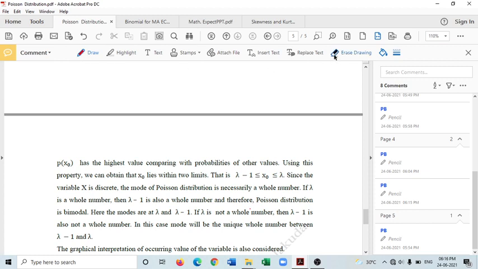So we have lambda minus 1 less than or equal to x0 less than or equal to lambda, where x0 is the value of the random variable x at which probability becomes maximum.